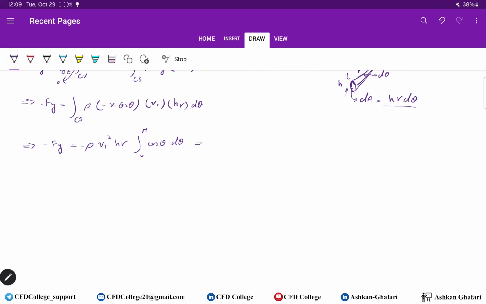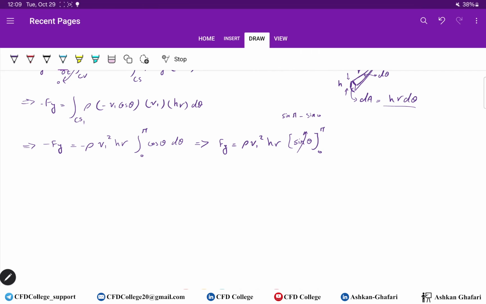So you know how to deal with this integral. It's easy. So Fy equals rho v1 square h r, integral of cosine is sine of theta from 0 to pi, and this is equal to sine of pi minus sine of 0.